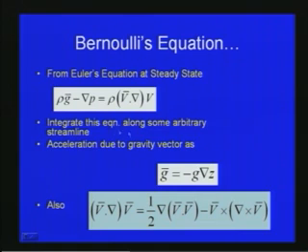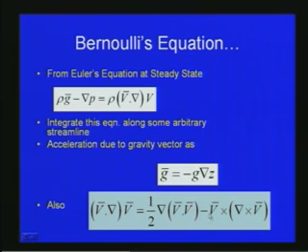Before the integration, the acceleration due to gravity g bar can be written, with respect to the normal direction, as minus g del z. Then the other term, v dot del v bar, the right-hand side of the steady state Euler's equation, can be written using vector notation as half del of v dot v minus v cross del cross v.